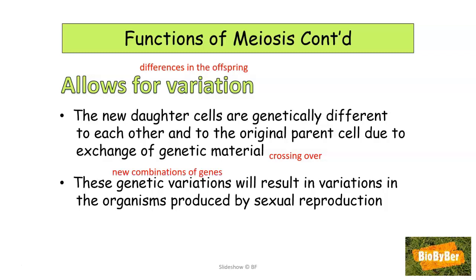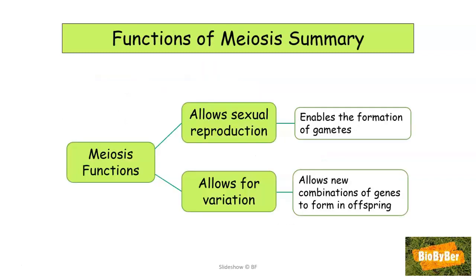This is why siblings, brothers and sisters, will never be identical to each other because they are produced each time by eggs and sperm cells that are genetically different. So in a nutshell, meiosis has two very important functions.